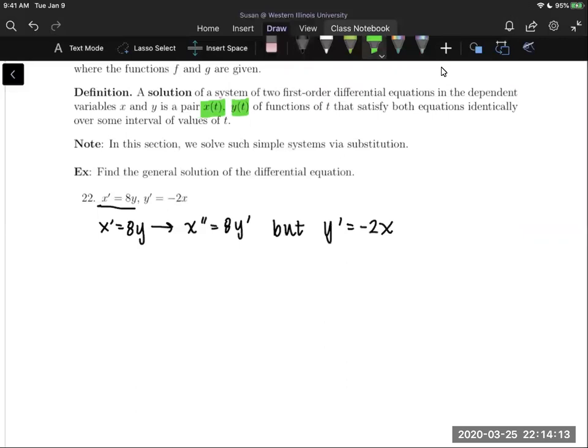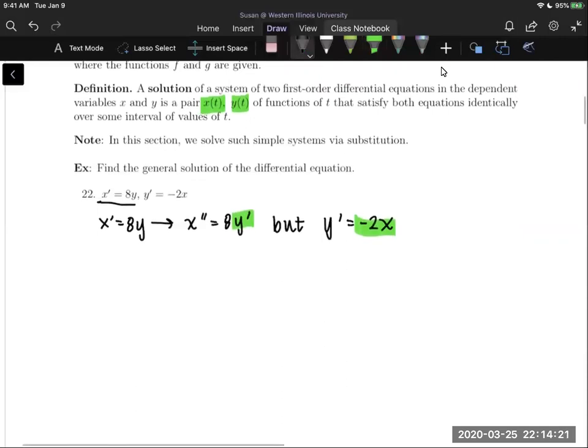So I'm going to replace this y prime with this expression. So now I conclude that x double prime equals 8 times negative 2x, or in other words, x double prime plus 16x equals 0.